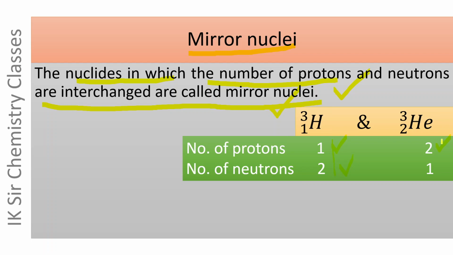But in this case, the number of protons and neutrons are 2 and 1. These numbers are interchanged. The number of protons is interchanged by the number of neutrons, and the number of neutrons is interchanged by the number of protons, and hence H3 and He3 are mirror nuclei.